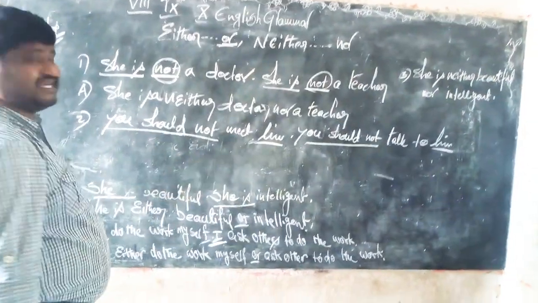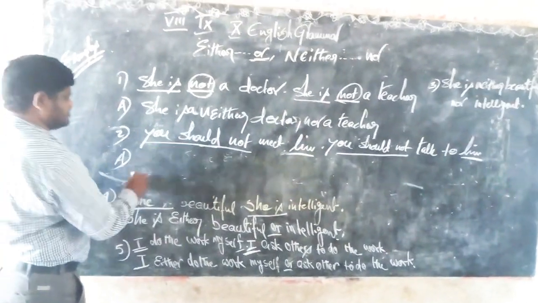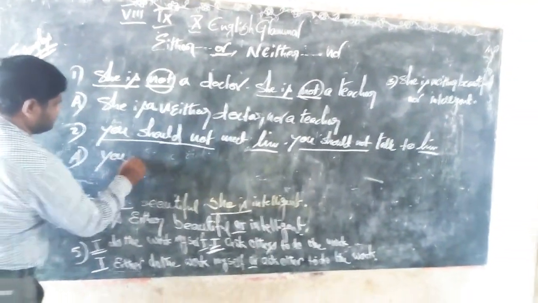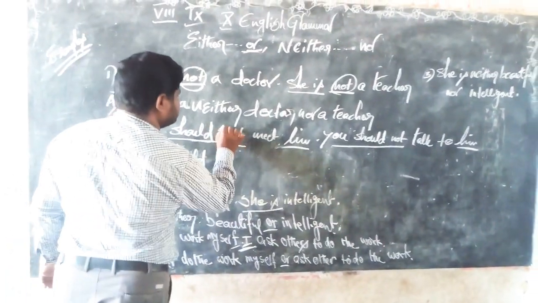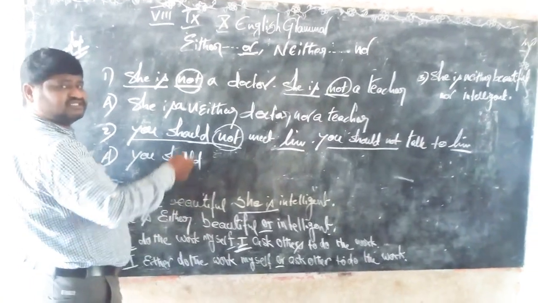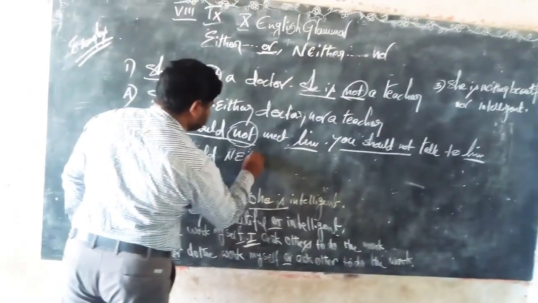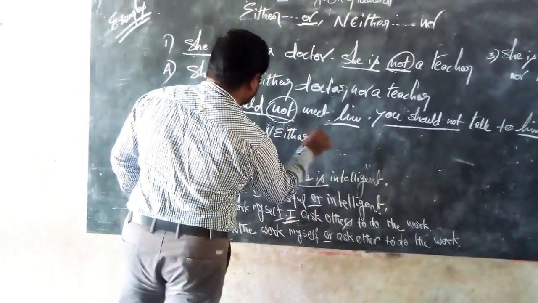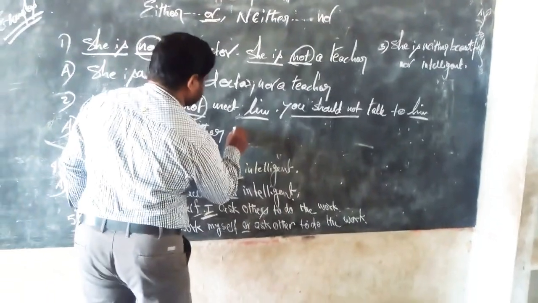How do we write neither nor? Very easy, friends. In the first sentence, mention "you should." In the not place, remove the not and immediately mention neither instead of the not: you should neither meet.